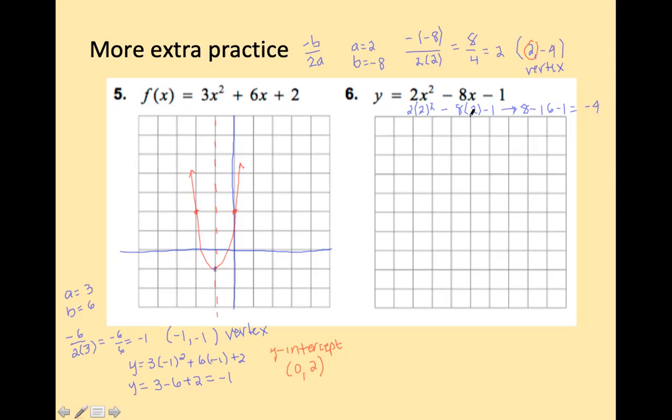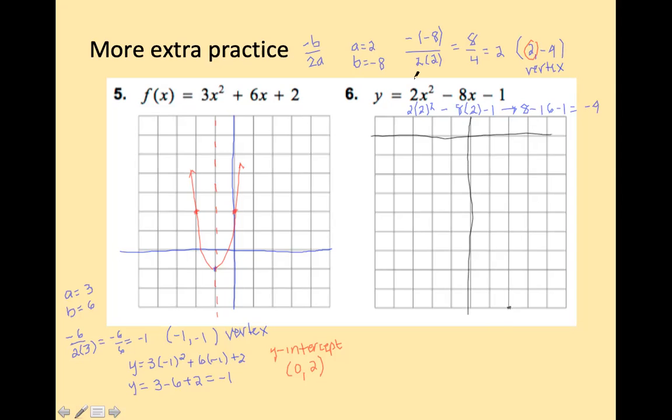So I'm maybe going to put my axis up a little bit higher here so I can graph those points. All right, so we have a vertex at 2, -9. So 2 to the right, down 9. 1, 2, 3, 4, 5, 6, 7, 8, 9.